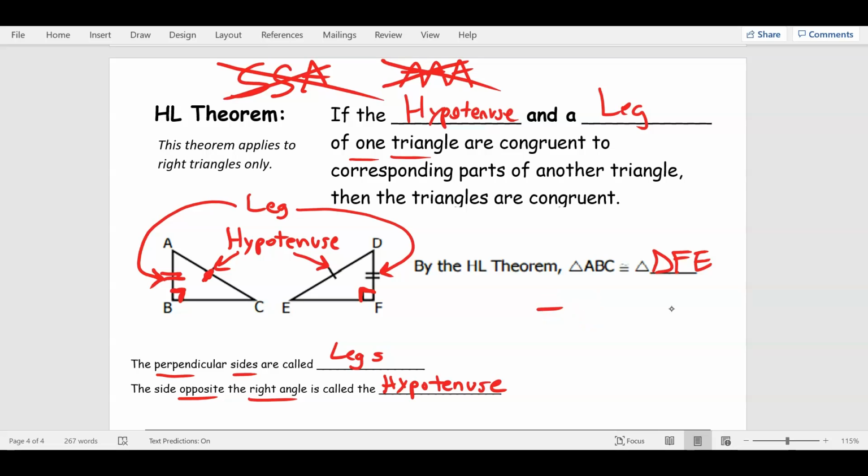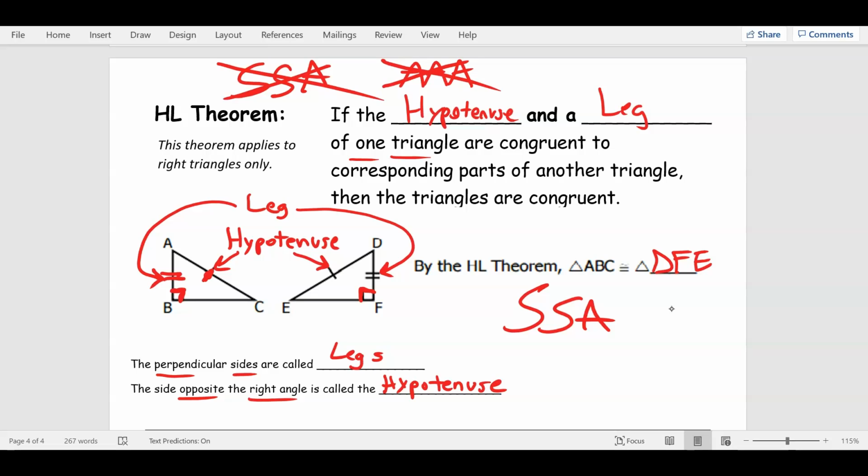Wait a minute. Mr. Gonzalez said I can never use SSA or backwards. So how does that work? Well, here's the deal. The booty word, okay, only works if it's a what kind of triangle? What kind of triangle is this? A right triangle. If it's a right triangle and you find yourself about to write ASS, don't write that word, okay? You're going to instead write HL, okay?